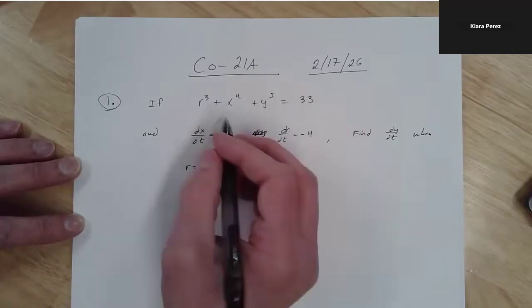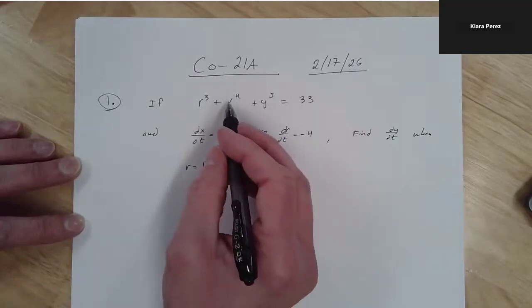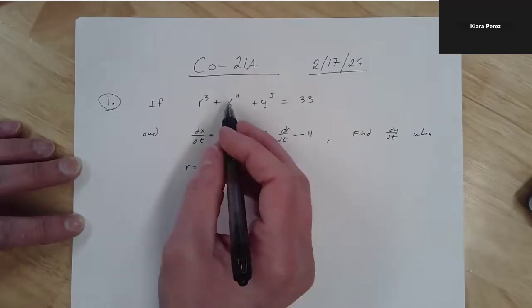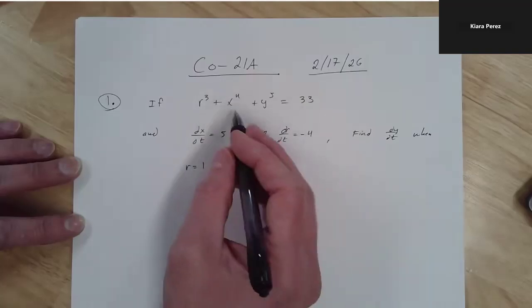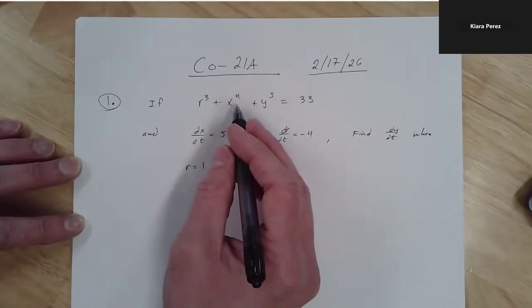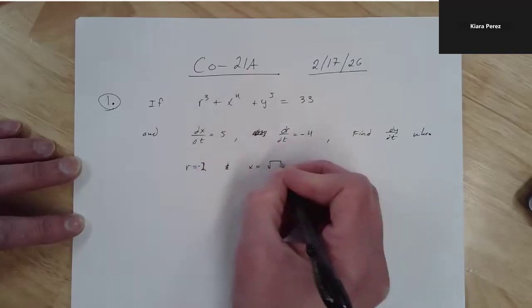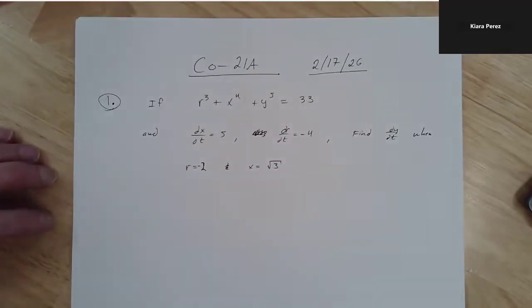Sorry, I'm trying to make something up on the go here as always. Oh, I'm going to do that instead. R equals negative 2 and x equals the square root of 3. There's a moderately terrible problem. Is this kind of what you were envisioning with the related rates?